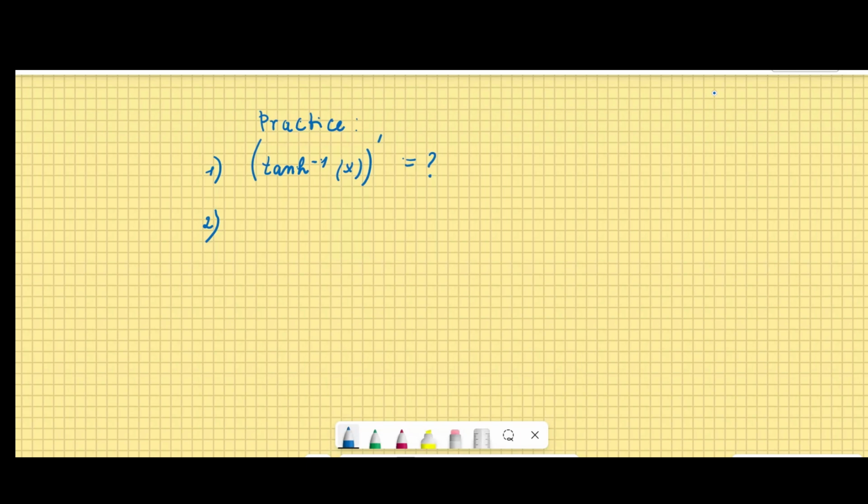So let's say differentiate y equals sine hyperbolic inverse of the square root of x.